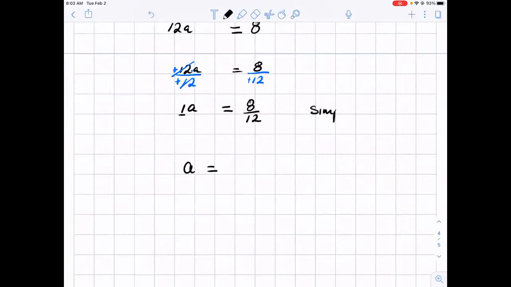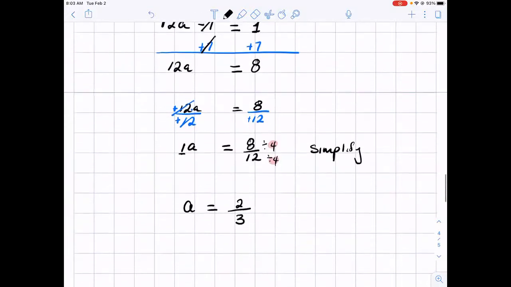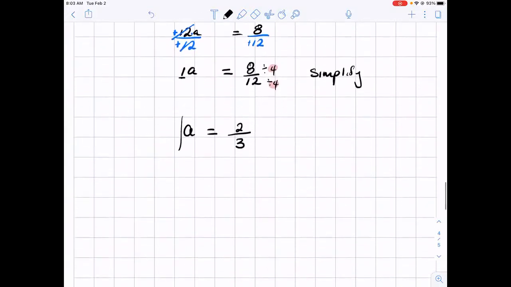and here we can simplify again. Now we can divide this by 4 and divide this by 4. 8 divided by 4 becomes 2, and 12 divided by 4 is 3. So 2 over 3 again. So you can see these were actually equivalent, right? Because in the first problem we had a equals 2/3 also.